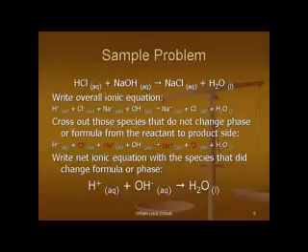What we want to do is cross out the species that don't change phase or formula from the reactant to the product side. I'm going to highlight the ones that are the same on both sides in red, but you could cross these out, and that's probably a better way to do it. The Cl minus and the Na plus are both aqueous and separate on the reactant and product side, so we'd cross those out.